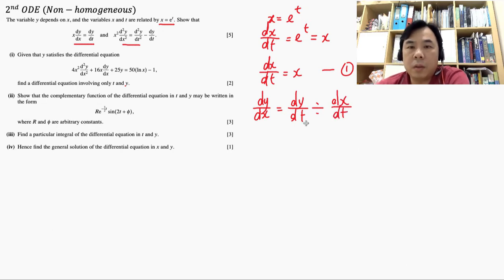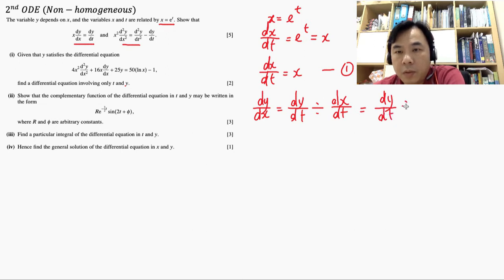Okay, now that's what we have. Okay, all we need to do now is we have our dx/dt, which is x. So I can actually rewrite this as dy/dt divided by x in this case. And then next I can transfer the x over to the other side.